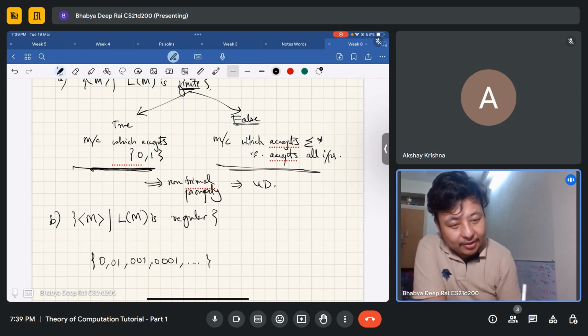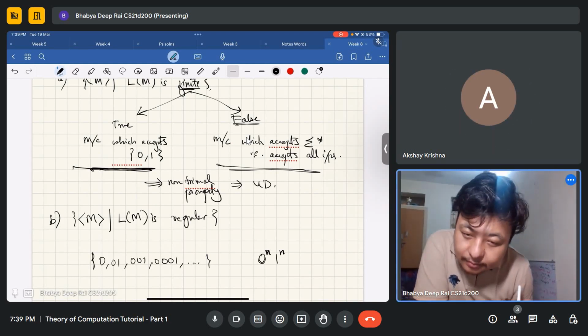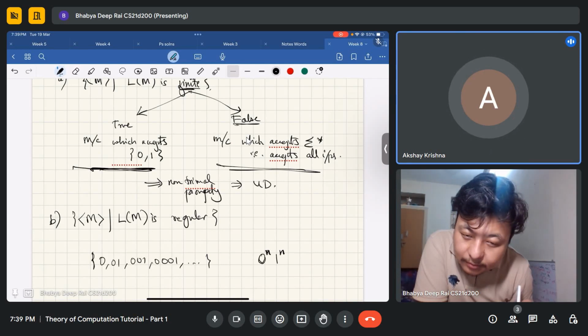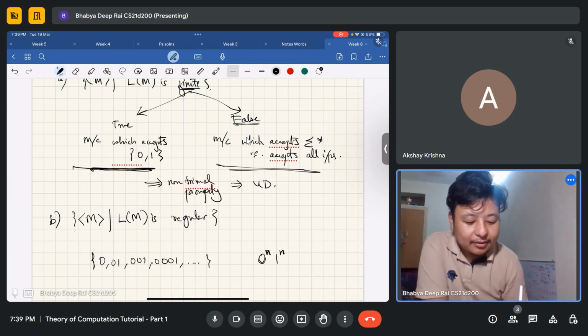So do you remember this language? 0 to the n, 1 to the n. Yes, sir. Including the empty string. Yeah, it should include even the empty string. That one might not be regular.